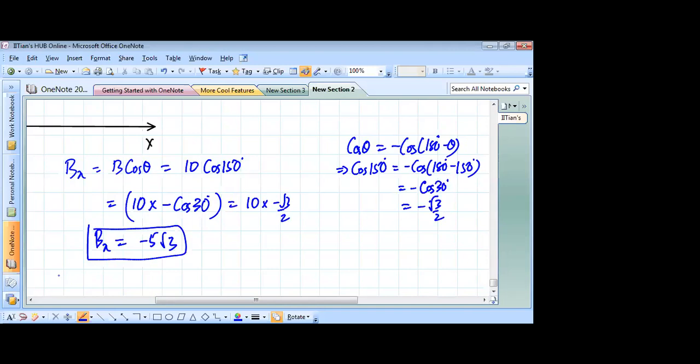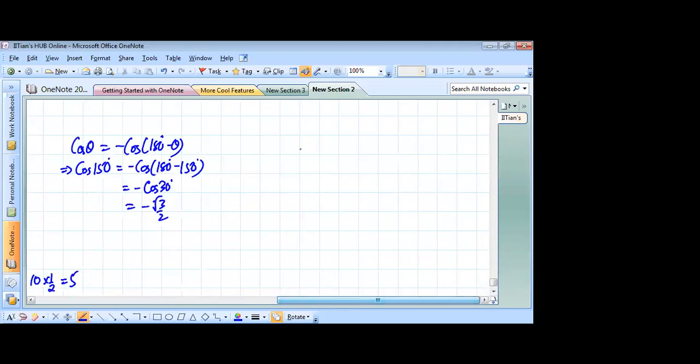And similarly, your y component, which is B sine theta, will be 10 into sine 150, which should be 10 into sine 30, which is 10 into half, or plus 5. Okay. Because for sine theta, we similarly have the second quadrant formula. It's positive of sine 180 minus theta. So that's why your sine 150 becomes positive of sine 30.